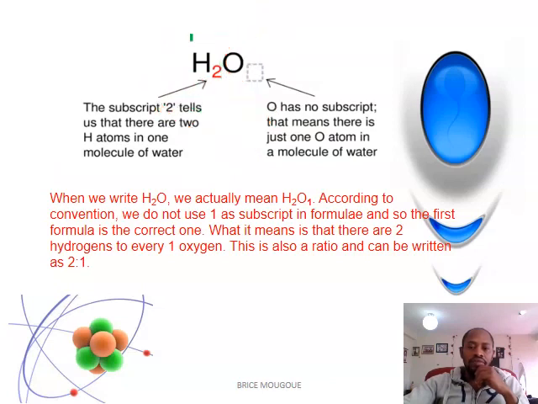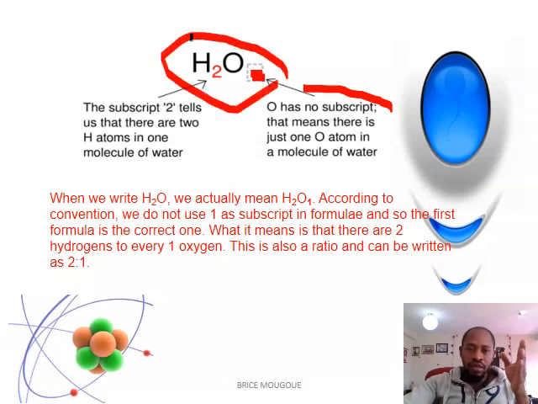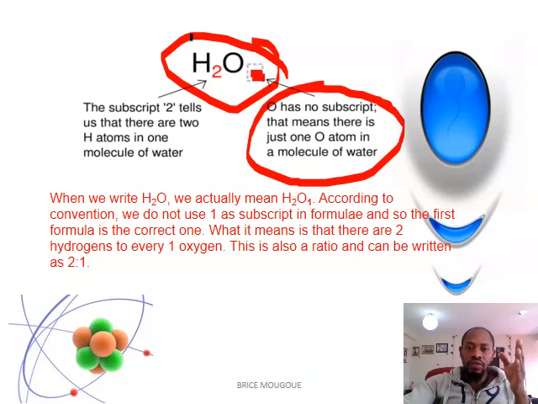Again, similarly, when we're looking at oxygen, there is nothing here. It's supposed to be 1, but conventionally, we don't write the 1 there. So this tells us that for each molecule of water, we get 1 oxygen atom. Just 1 oxygen atom in each molecule of water.